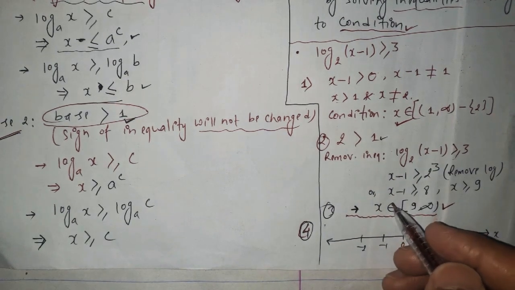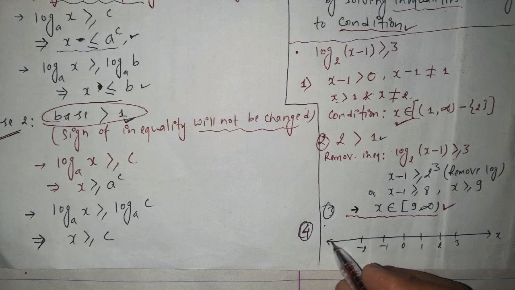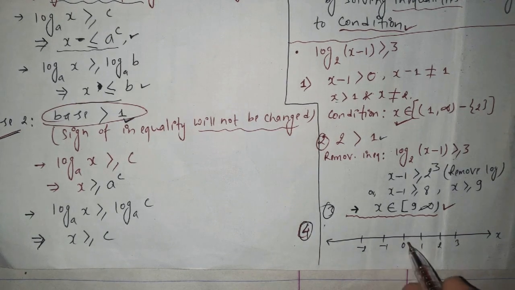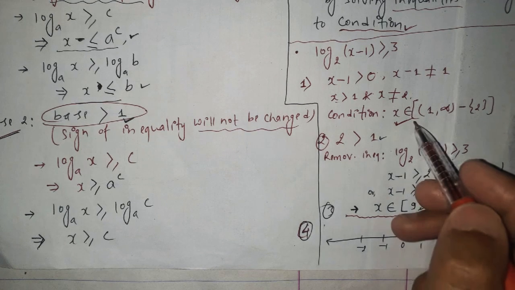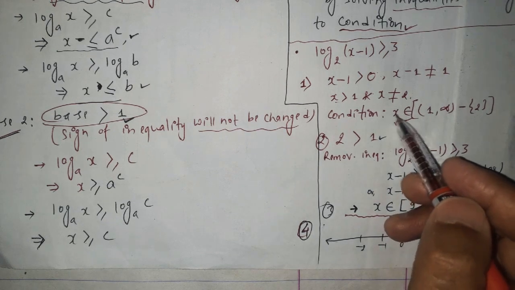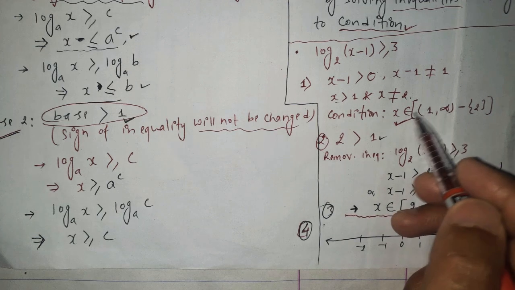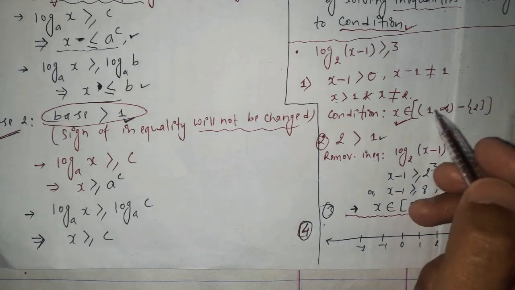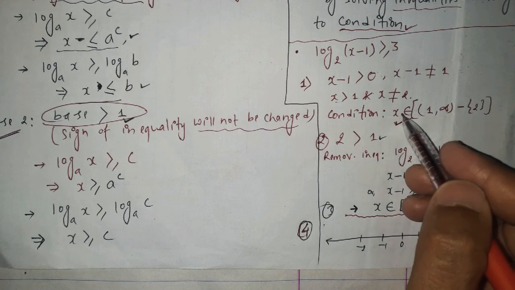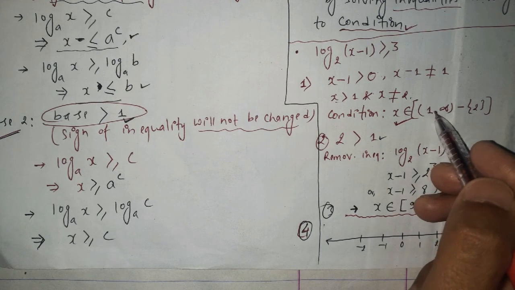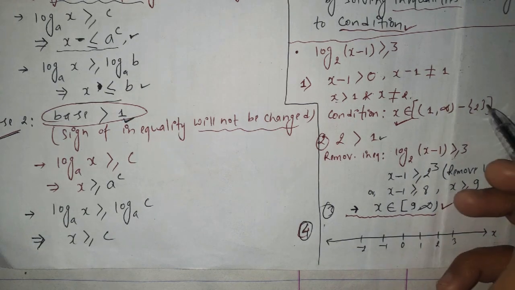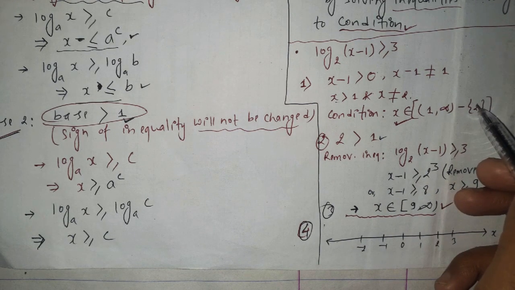Let's write on the number line. Here I have made the number line. Now plotting the information of the obtained conditions. This is the solution set of the conditions on this number line. The values of x are from 1 to infinity, but the value x equals 2 is not included.